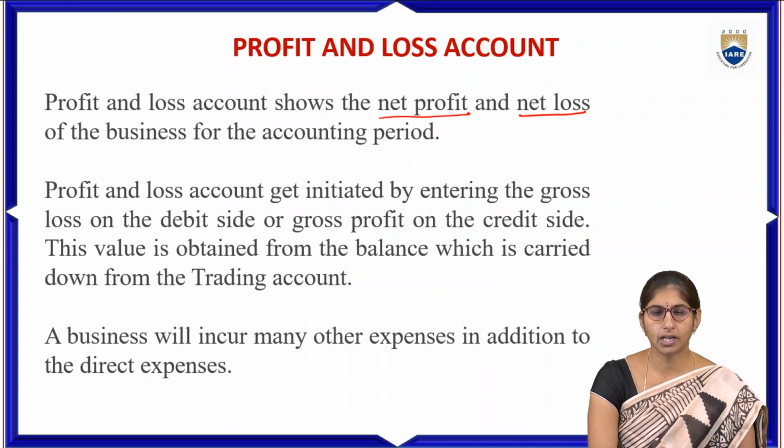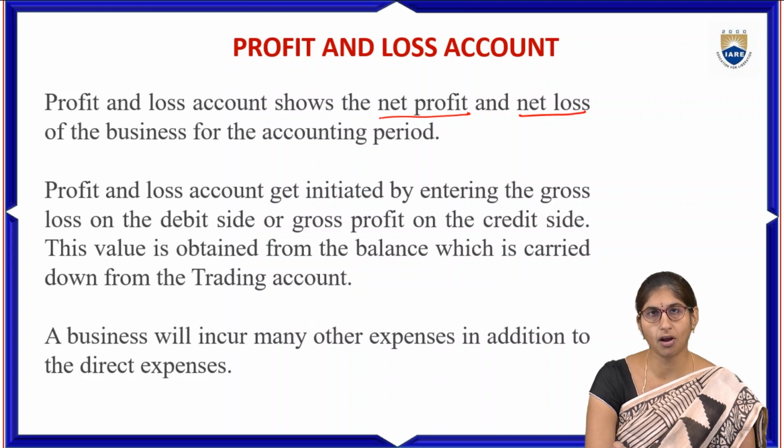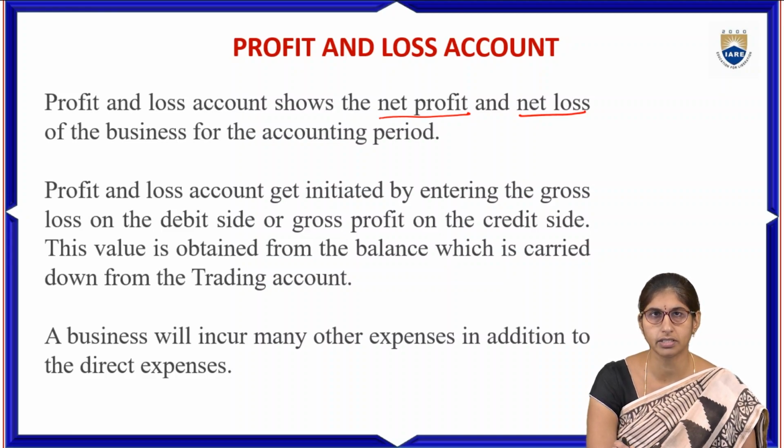This profit and loss account is initiated by entering the gross profit or the gross loss. If we get gross profit in the trading account, that gross profit carried down balance will be taken into the credit side of the profit and loss account.